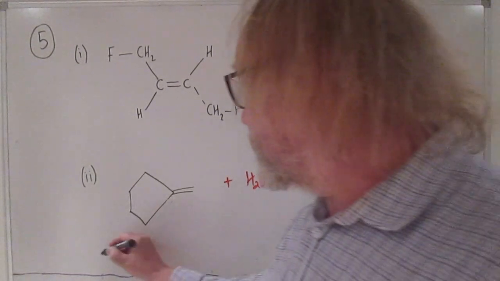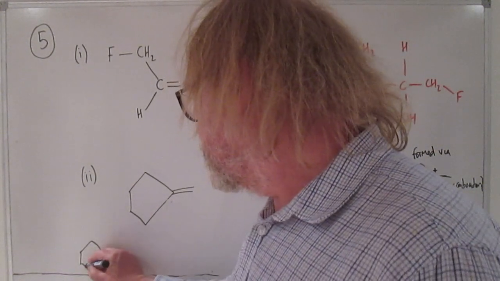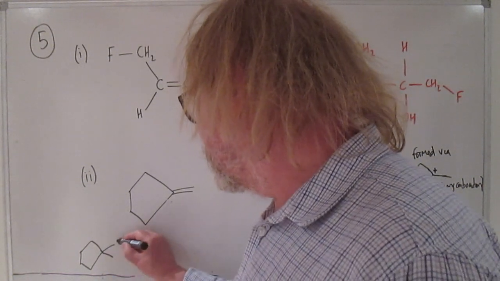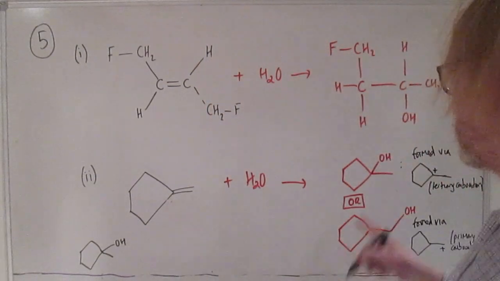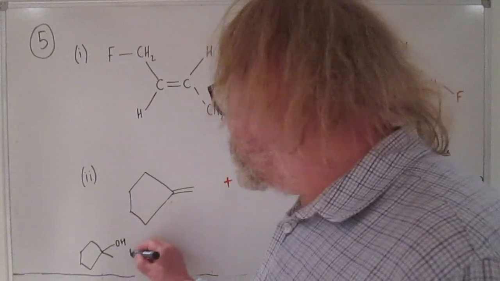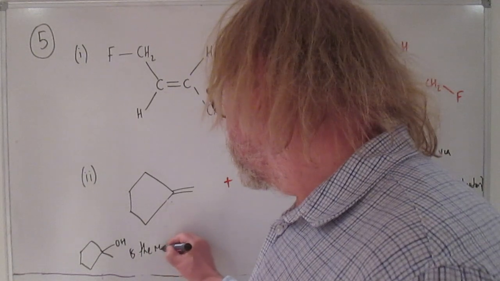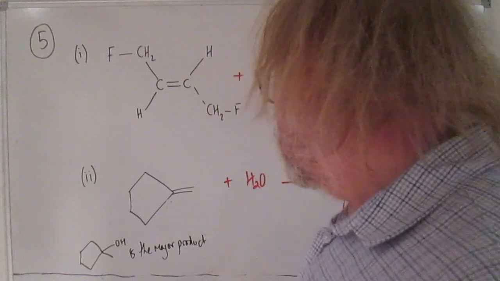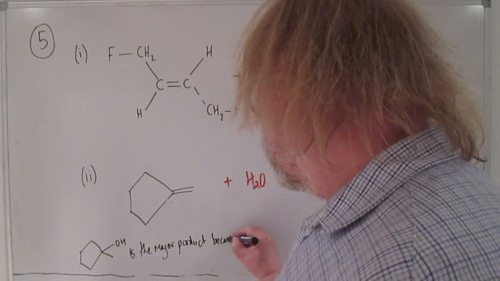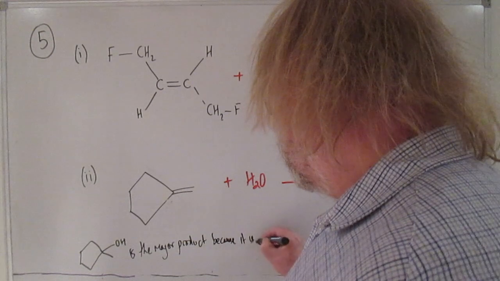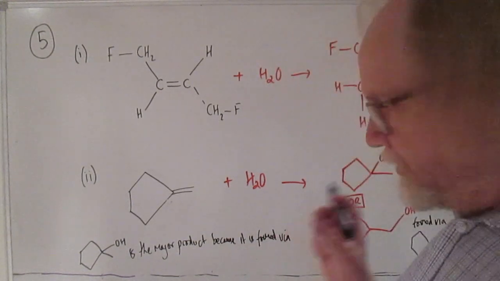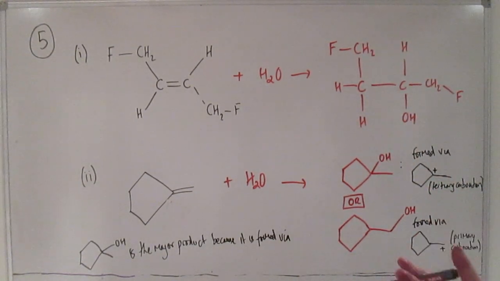Okay, so we can just summarize that at the bottom by saying that this compound, okay, which is that one, is the major product, because it is formed via, and it's very important you get the wording here, because people say things like, oh, because it is a tertiary carbocation.